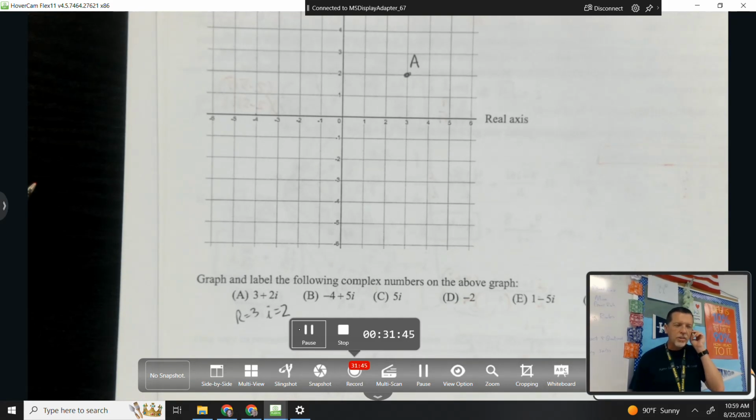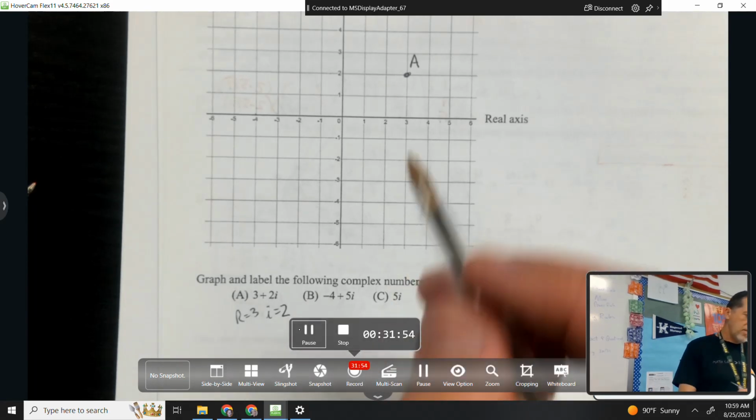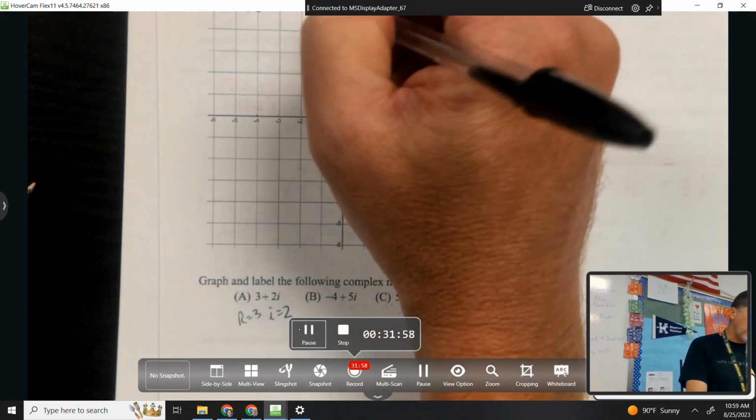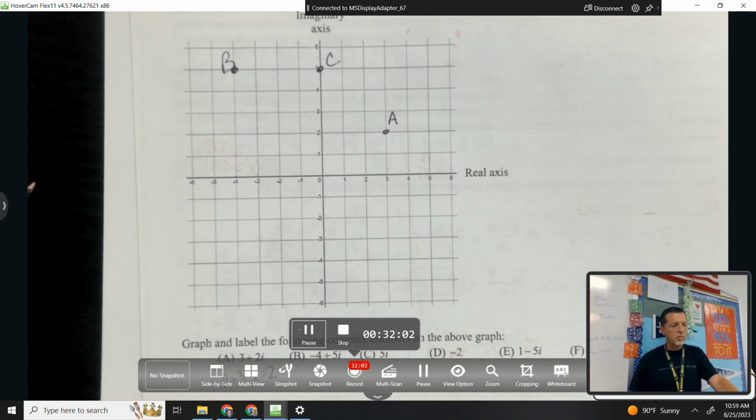Where's that going to go? Up, down, left, or right? Right. There is no real part of that, so it's just going to go up 5 to land on the imaginary axis. Almost said y-axis. So that's pretty easy to graph points.